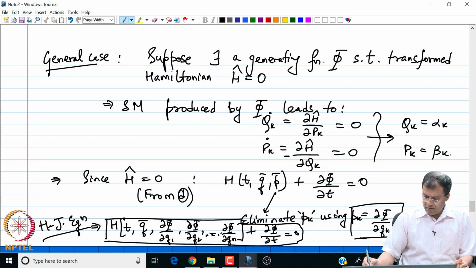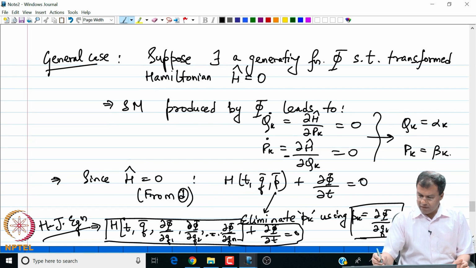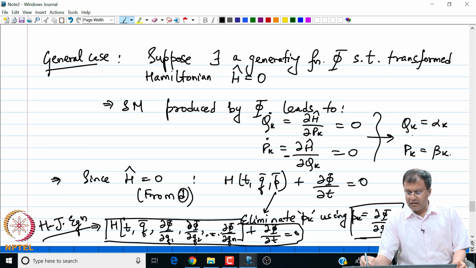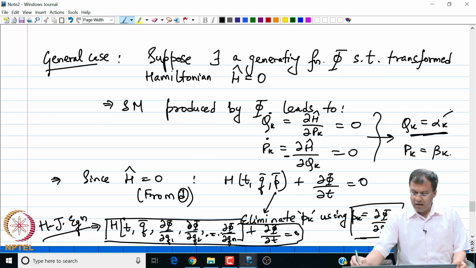Again, go back a few slides. If we go back a few slides, notice that the symplectic map for the Hamilton-Jacobi equation led to the following, that capital Q is equal to alpha. So that is the reason that we substituted capital Q bar to be alpha bar, where alpha and beta are constants. Okay, so these are all constants.